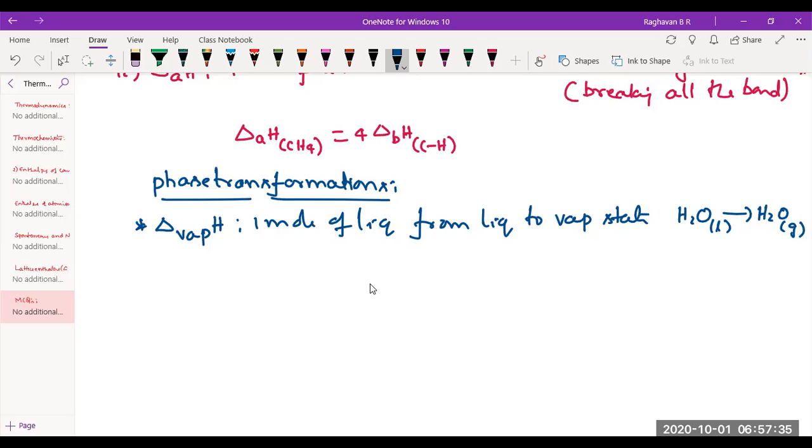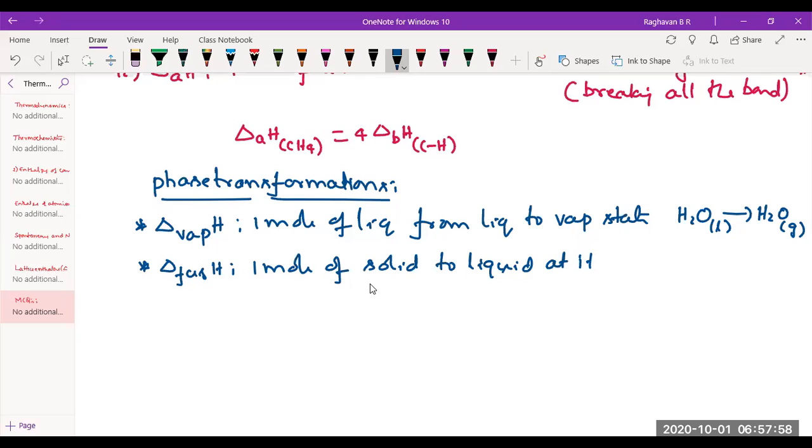Similarly, enthalpy of fusion. 1 mole of solid to liquid. The condition I just want to mention: 1 mole of solid to liquid at its melting point.